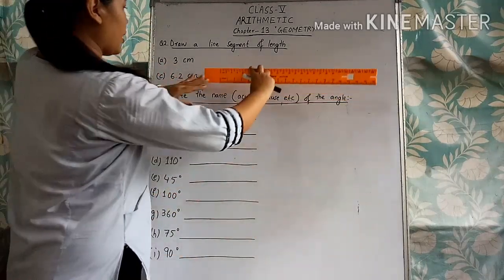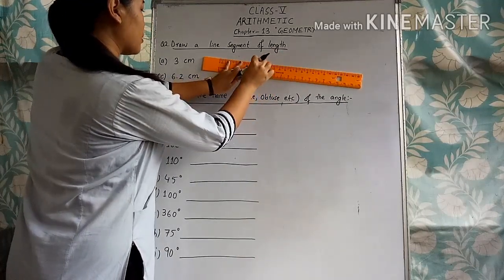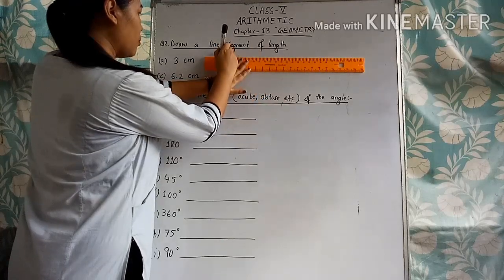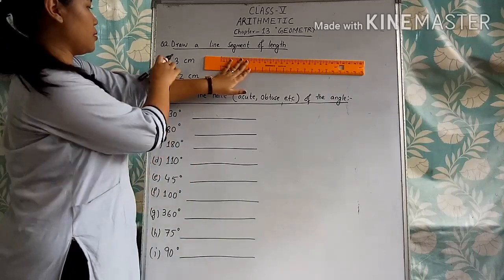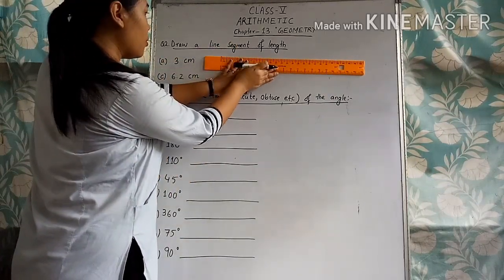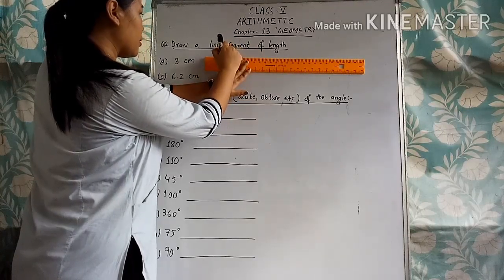Now take your scale, put a mark at 0, then you mark at 3 centimeters: 0, 1, 2, 3.